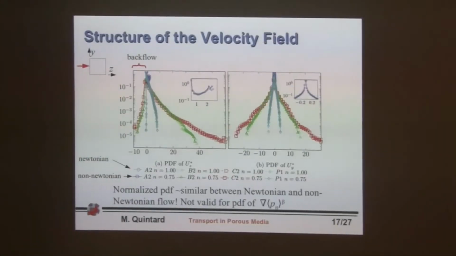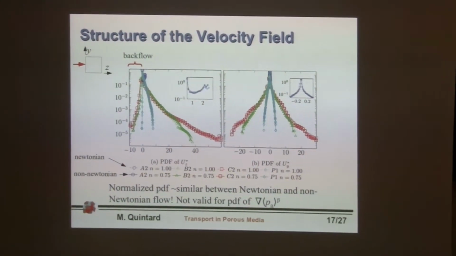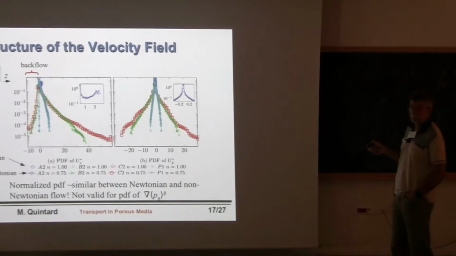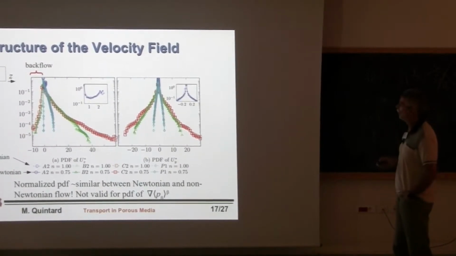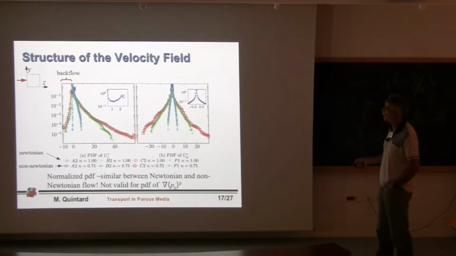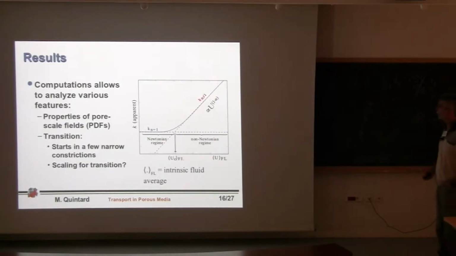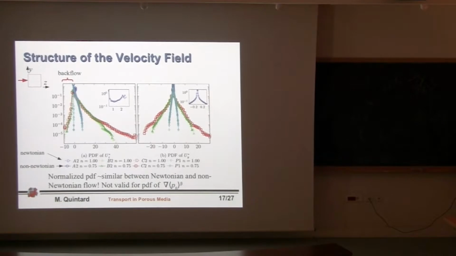The structure of the velocity field is peculiar. See, this is the PDF of the normalized velocity. So the normalized velocity is the average velocity divided by, well, it's defined here. I guess, I hope. No. Normally, I should have put that somewhere.